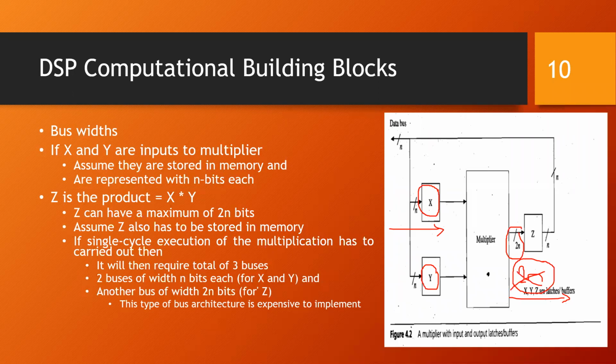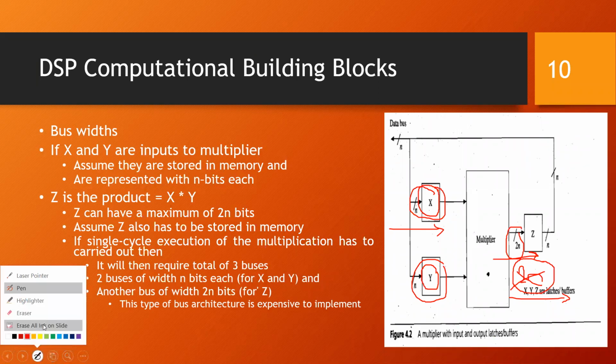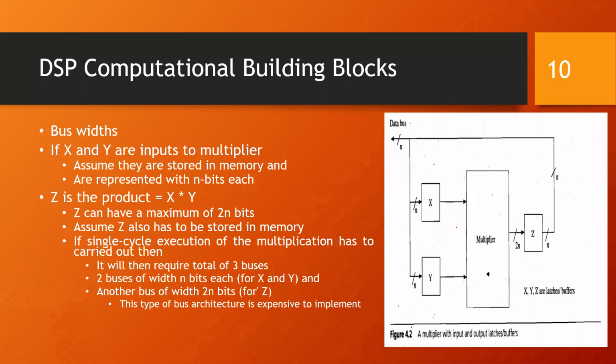So what is the alternative for this? Can I use the similar n-bit bus to store this result? To store this result, can I use this n-bit bus which is available? So I can do it, but you have to cater to some logical aspects over there.